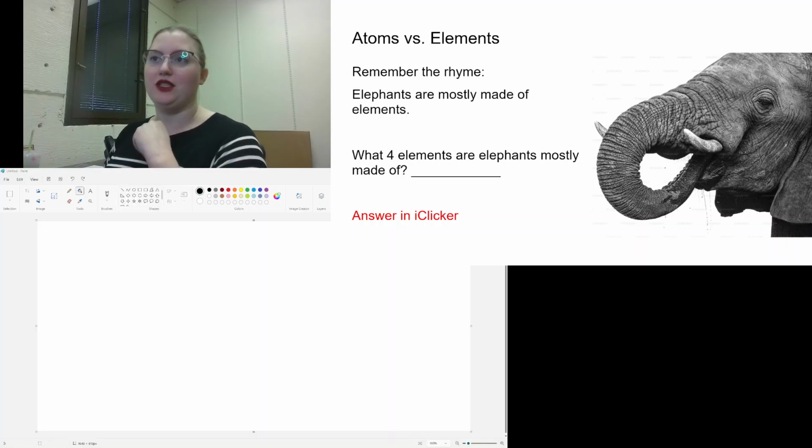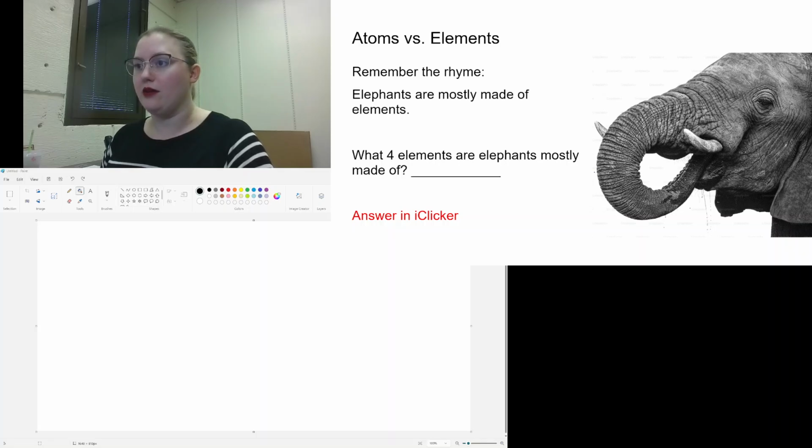Next iClicker question. So we have this rhyme: elephants are mostly made of elements. All life on Earth is made up of primarily 4 elements. Go ahead and take your guess as to what those 4 elements might be. I'll give you a hint: I did just mention one of them.